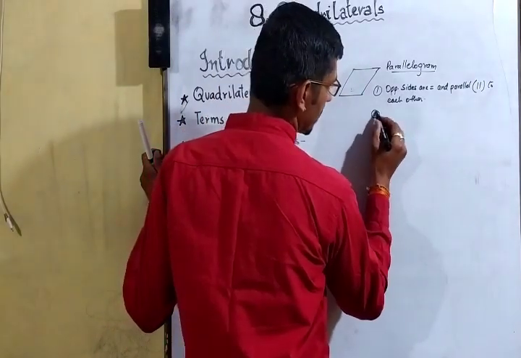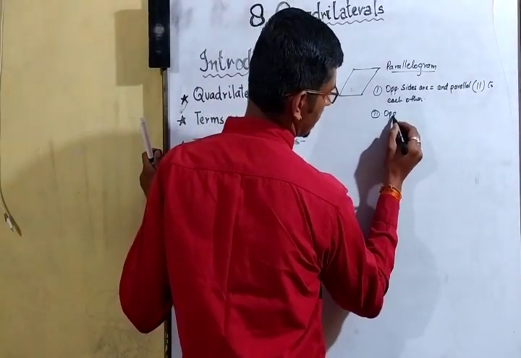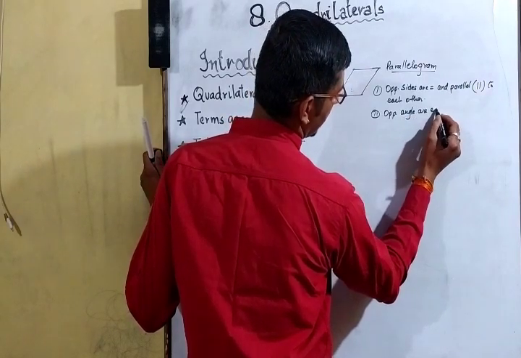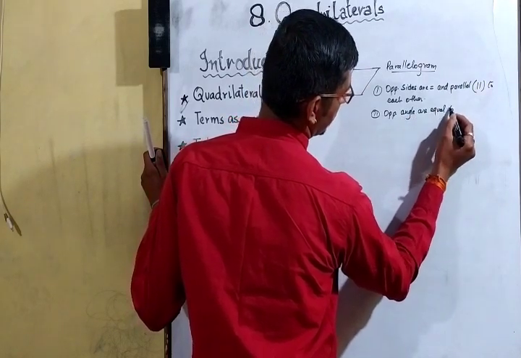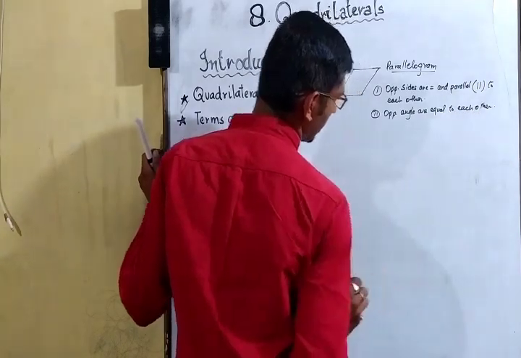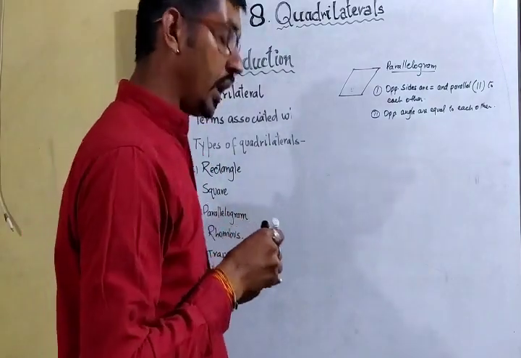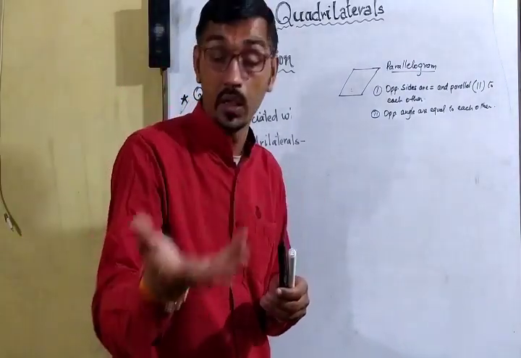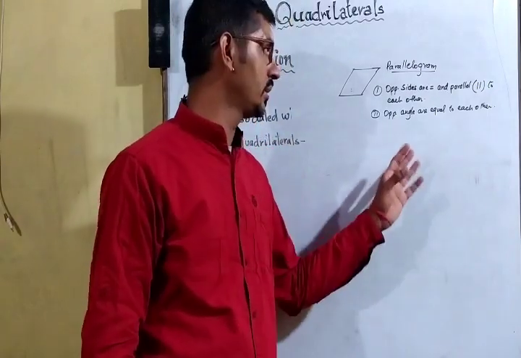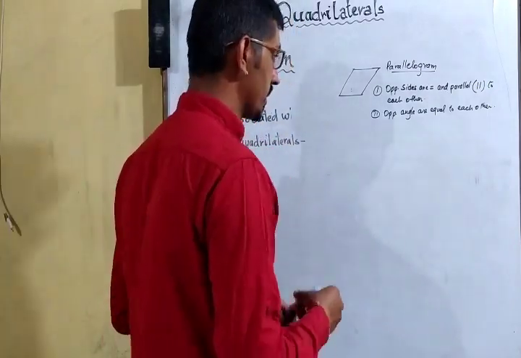Second, opposite angles are equal to each other. So this is another important property of a parallelogram. First, opposite sides must be equal and parallel to each other, and second is opposite angles must be equal to each other.